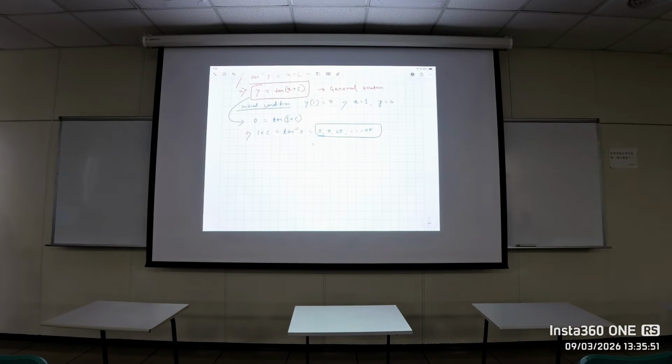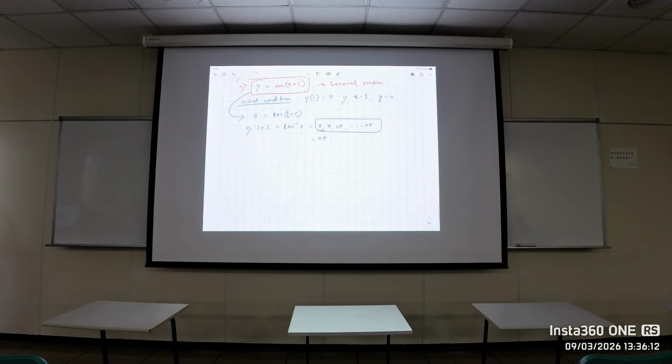So let's say it is n pi. Also you can write 0, but the objective is to get the particular solution. It is more advisable to write n pi than writing 0. Right. So if it is n pi, then what is my c? Minus 1 plus n pi.